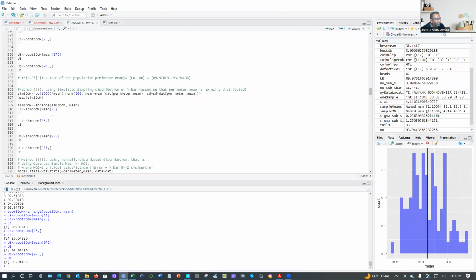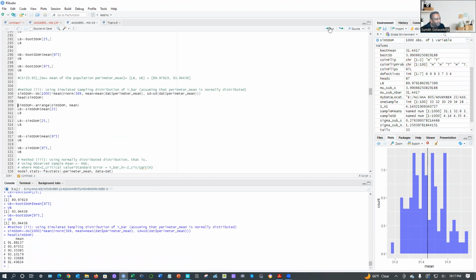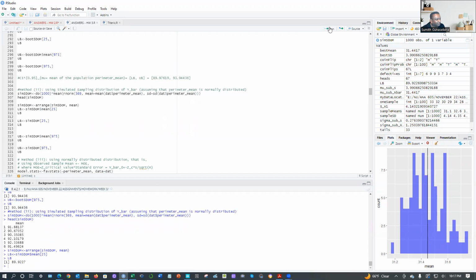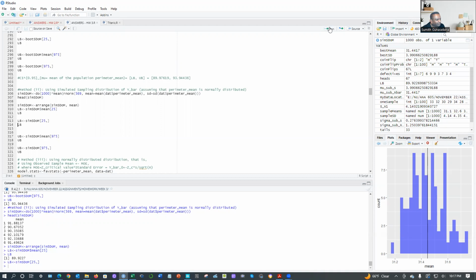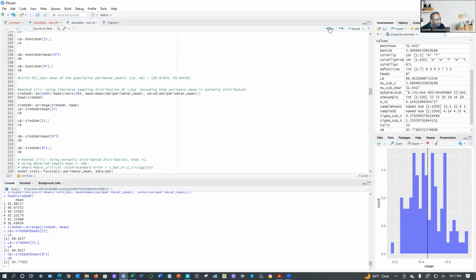We generate this one, arrange, and get the lower bound. Two ways we can get it. Then get the upper bound. If you use the mean, you get this one, 93.77.